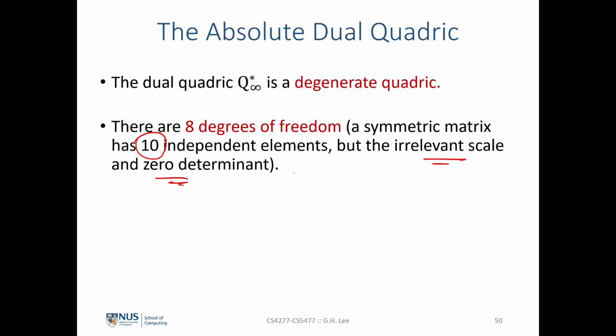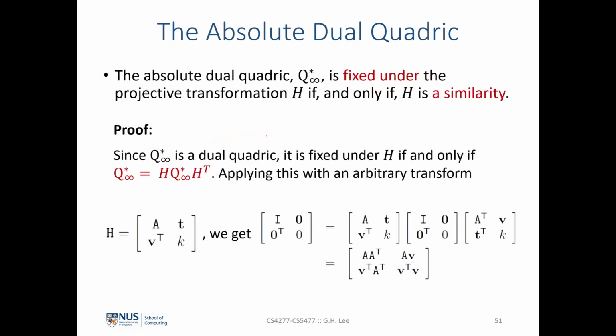That gives us 8 degrees of freedom here. And the absolute dual quadric is fixed under projective transformation H if and only if H is a similarity transformation. This is the same property as the absolute conics. Since it's a dual of the absolute conic, it must follow the same property.